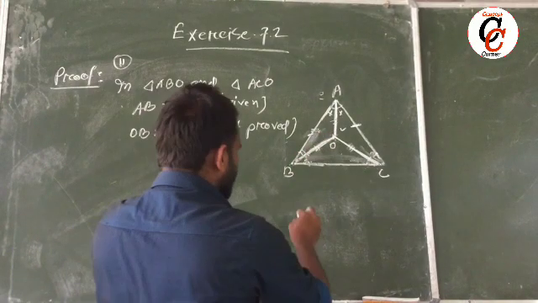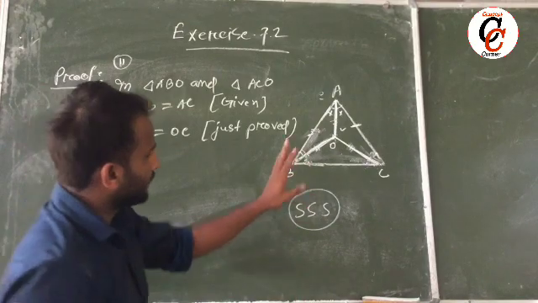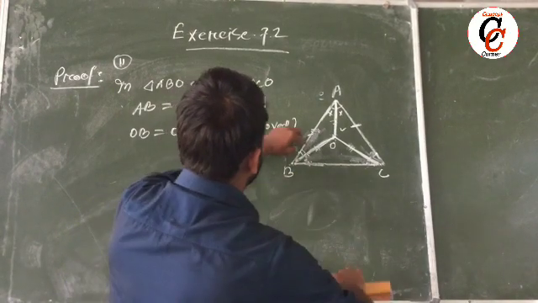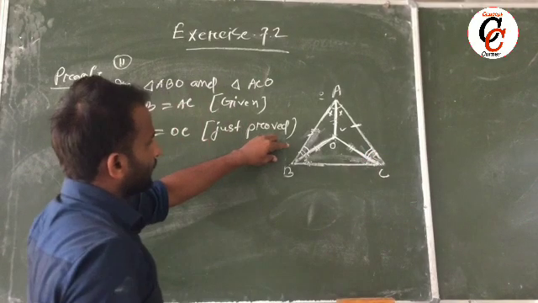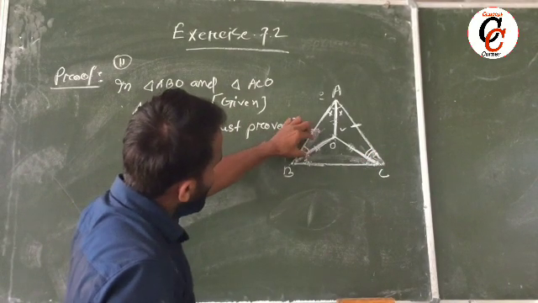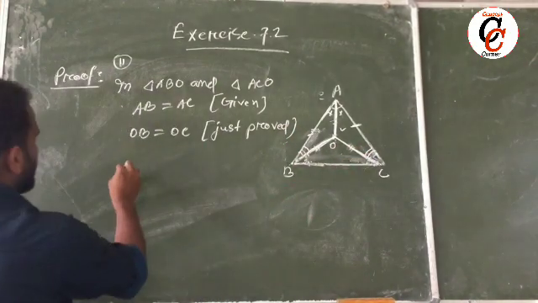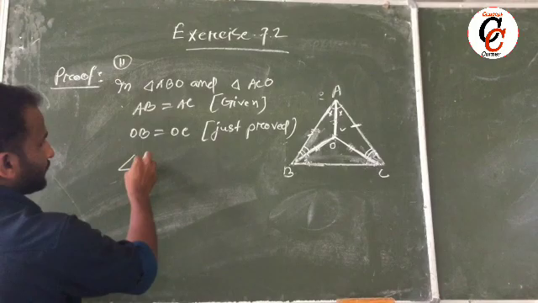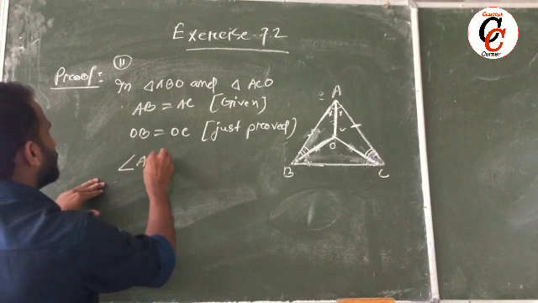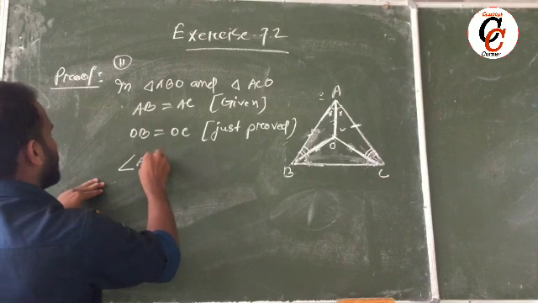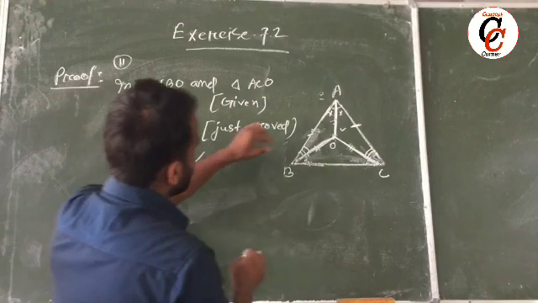Since we have not yet proved this congruency, we will take this angle. This angle will be equal to this angle, because these are the halves of the angles B and C. So angle ABO will be equal to angle ACO. Why are they equal?